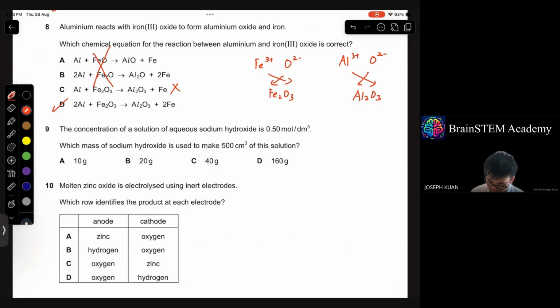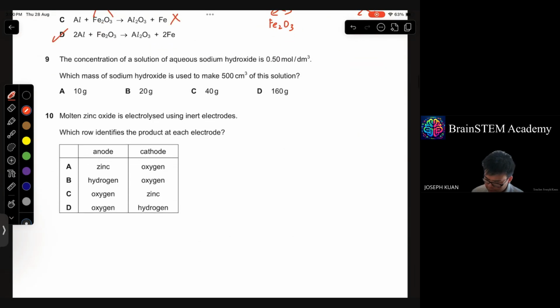Number 9. The concentration of a solution of aqueous sodium hydroxide is 0.50 mole per cubic decimetre. Which mass of sodium hydroxide is used to make 500 cubic centimetres of this solution?